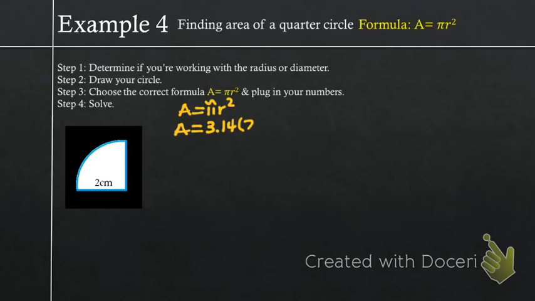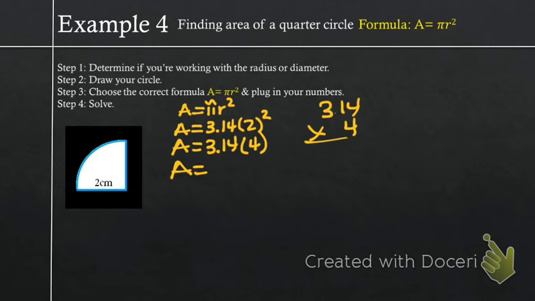So we have 2 squared. So we have 3.14. 2 times 2 is the same thing as 4. So 3.14 times 4. Okay, we're at 12.56. But that is area for a full circle. Since we're finding a quarter circle, we're going to take that and divide it by 4.